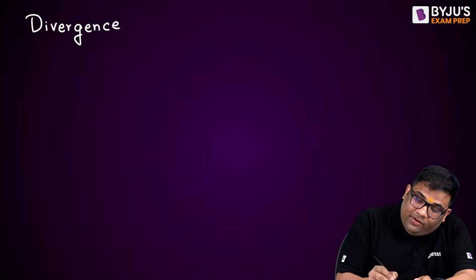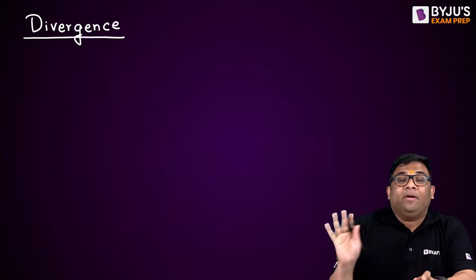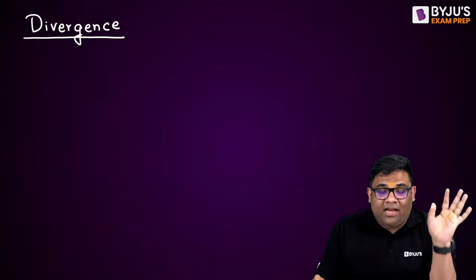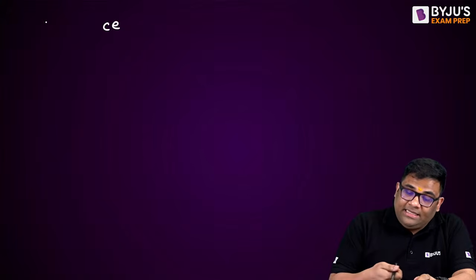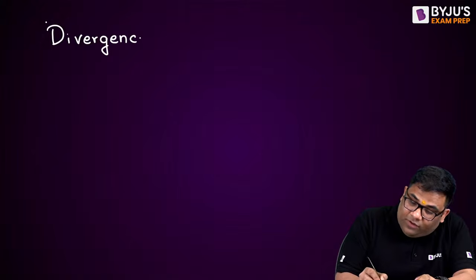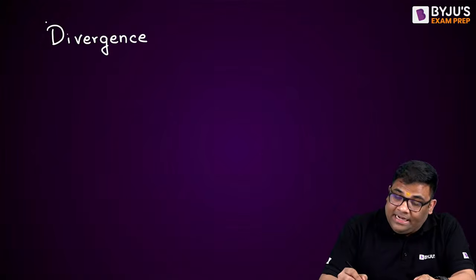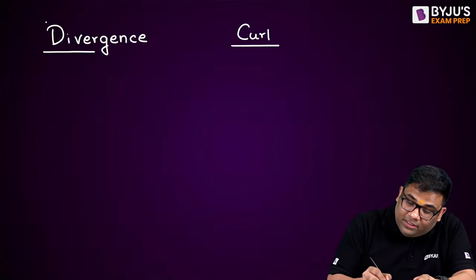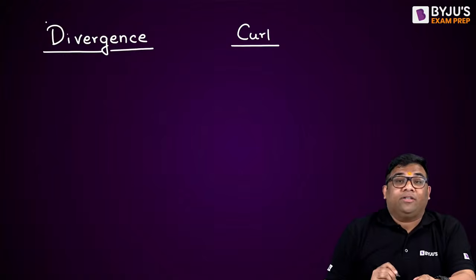Now remember everyone, gradient acts on a scalar function. Divergence and curl act on a vector function. Very important.